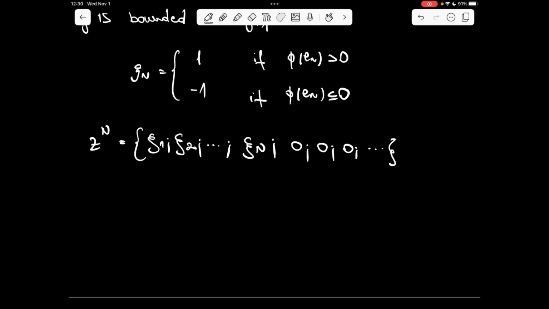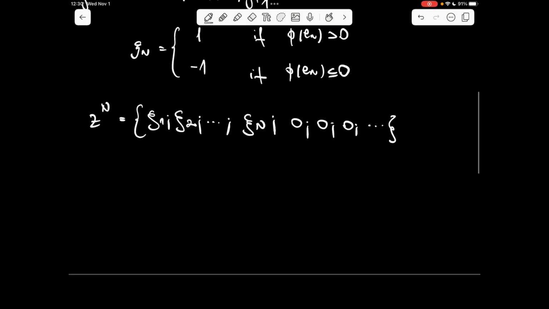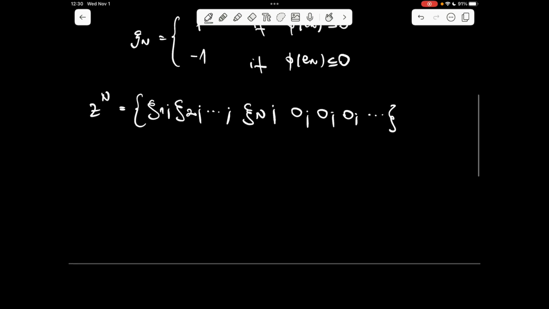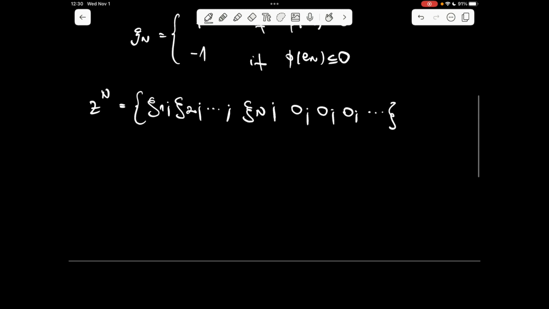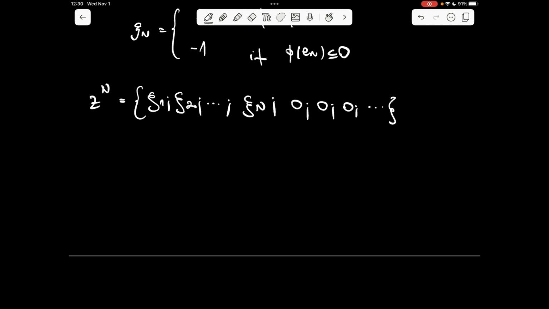Okay, so for any N, Zn is an infinite sequence that lies in C0, and we need to see what happens to the linear functional phi if we put the sequence Zn into the linear functional. So let's try to see what happens.